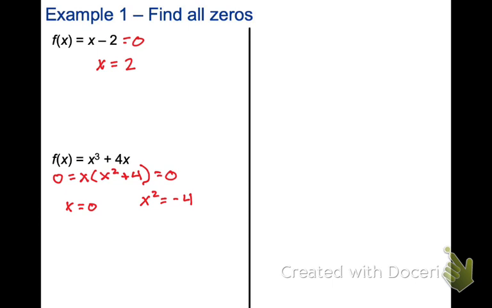Then what? Square root. Plus or minus 2i. So how many solutions do I have? 3, because plus and minus. I have 3 solutions, but how many real solutions?